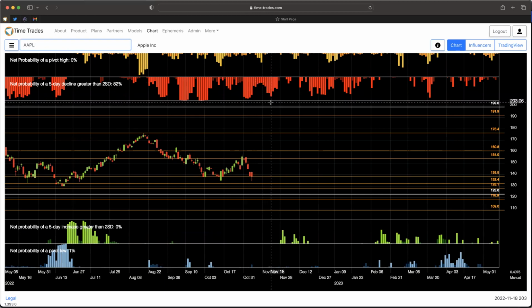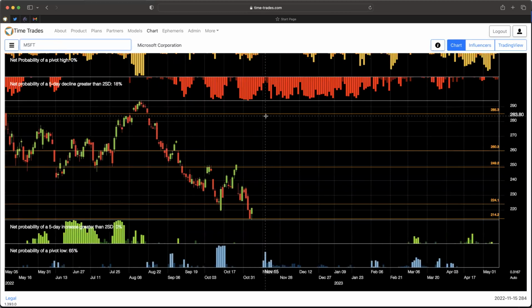So in general, it looks like we'll be seeing a few days up and then a return of the downtrend November 18th. I really think we are going to end up tagging this magic level here at around 123 on Apple before we get a good bounce. So that could be a significant down move into that.